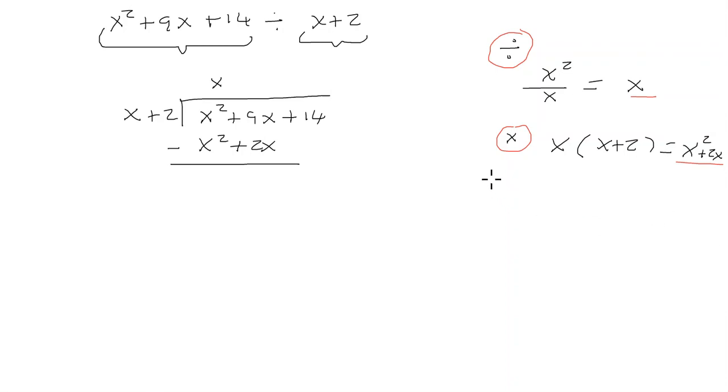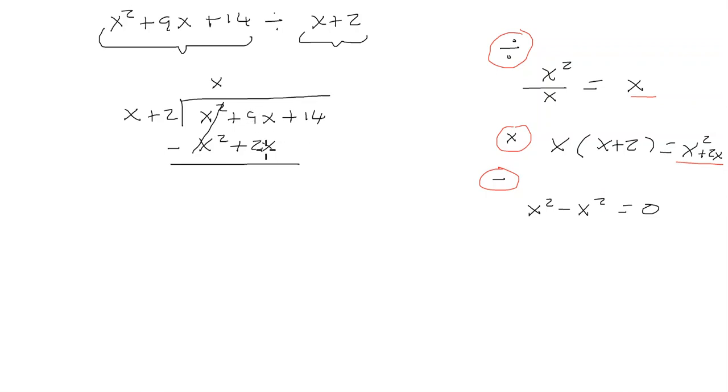This brings us into the third phase, known as the subtraction phase. So x squared minus x squared is 0, so these two just cancel out.